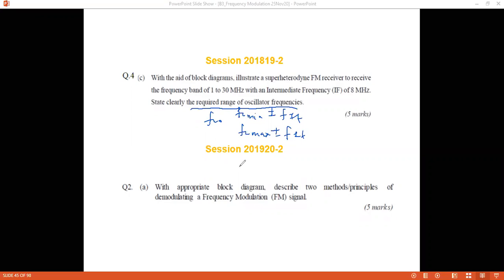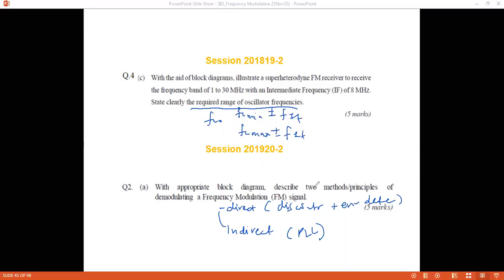For the two methods of FM demodulation, we have what we have already learned in our lecture: direct and indirect. The direct one uses a discriminator plus envelope detector, and the indirect one uses a phase lock loop.